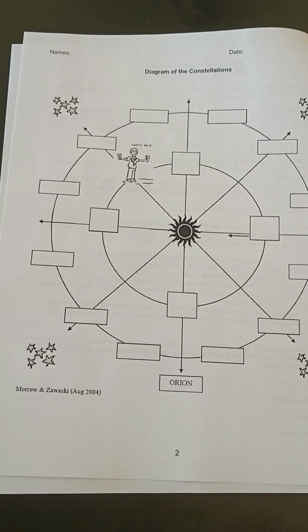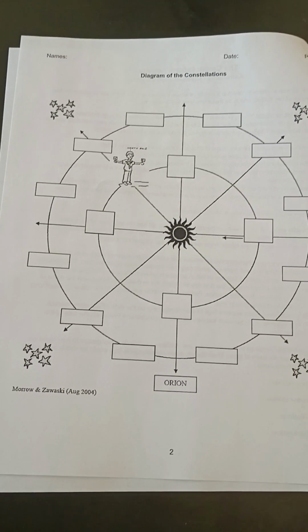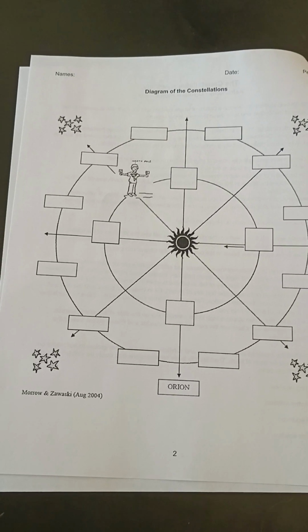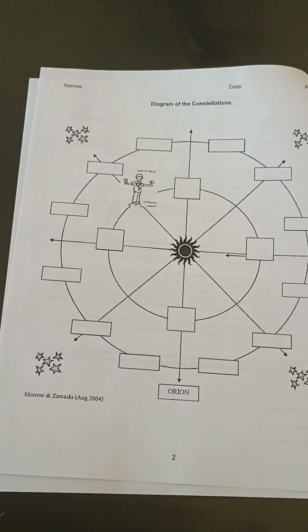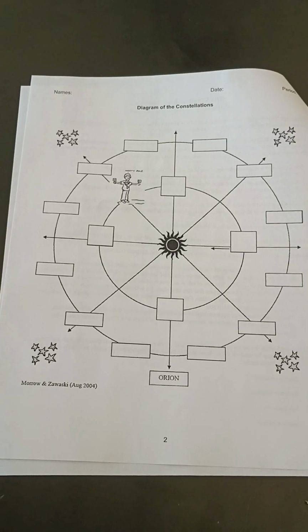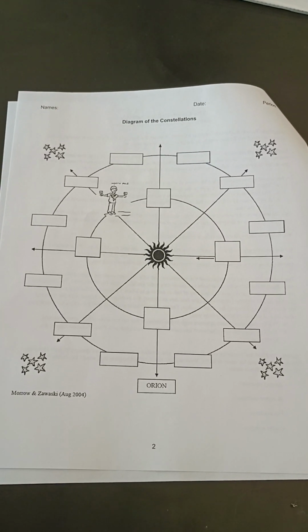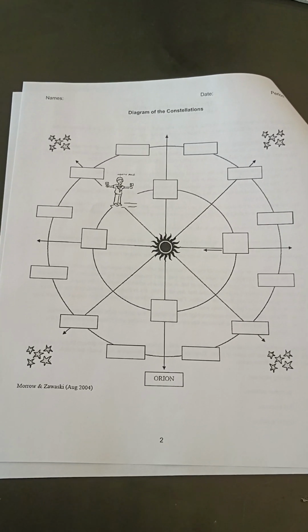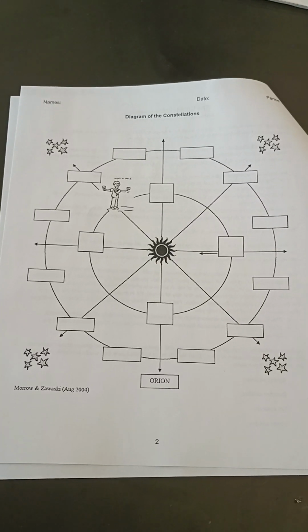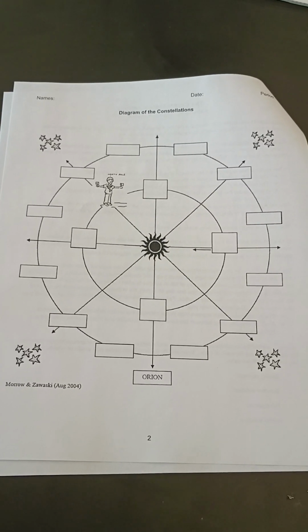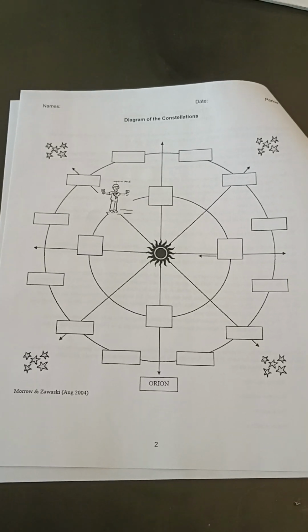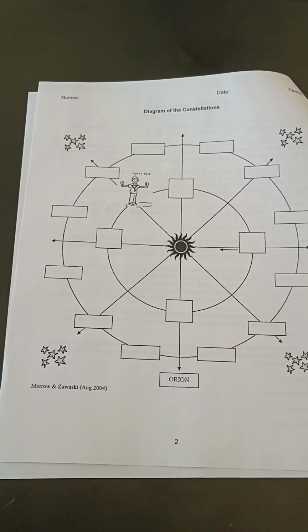Orion is also there, provided for reference, so you get an idea of where to start. Basically, to fill this out, just point the paper in such a way that the part labeled Orion points at the constellation Orion, and fill it in from there.